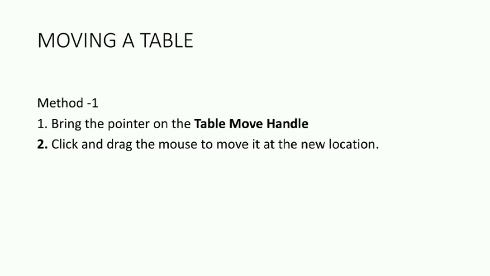Next, the second point: click and drag the mouse to move it to the new location. Means we can move the table using this table move handle. So click over it, drag the mouse, and release the mouse where you want to place this table.